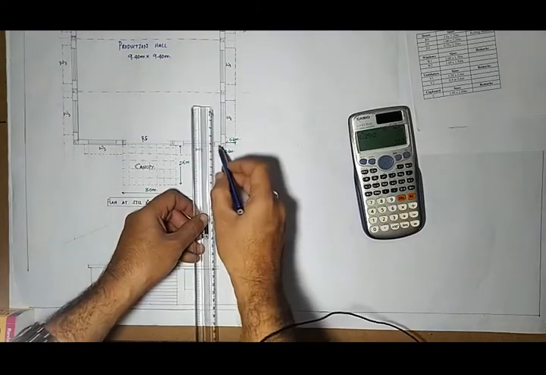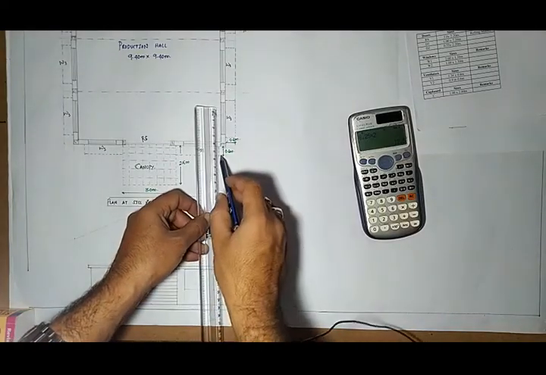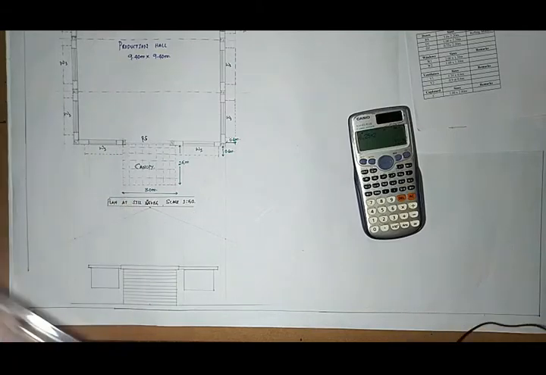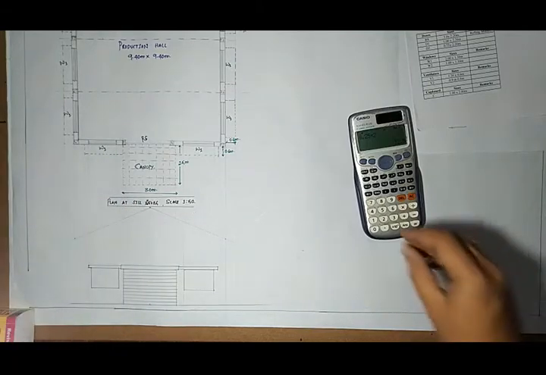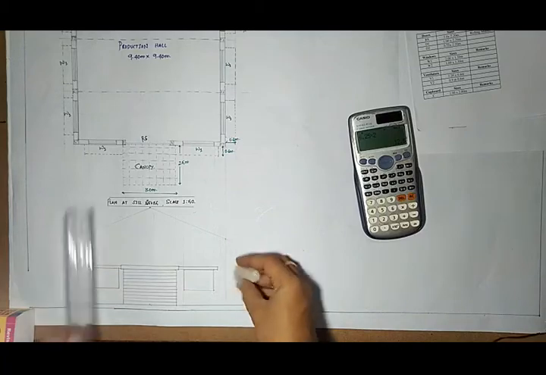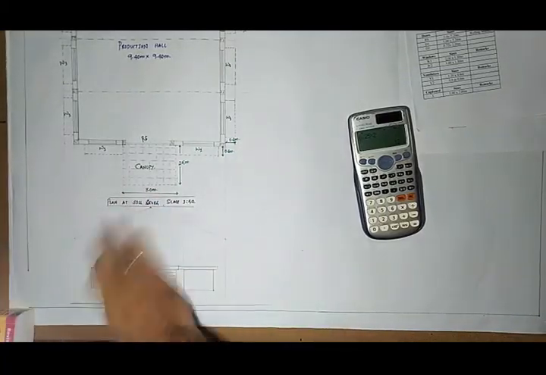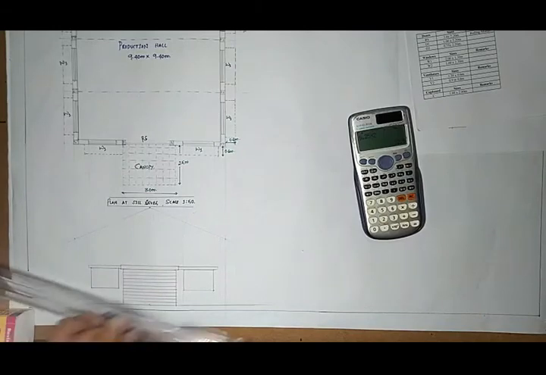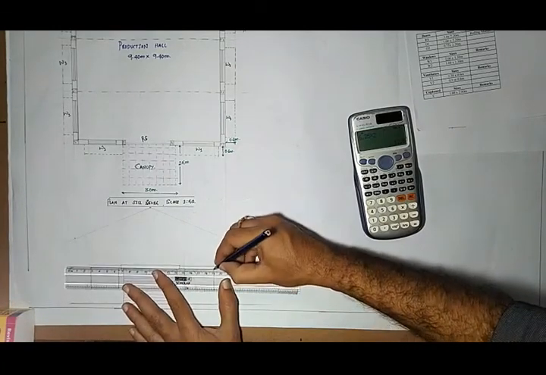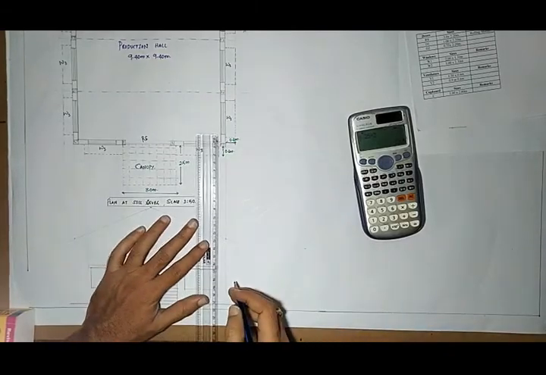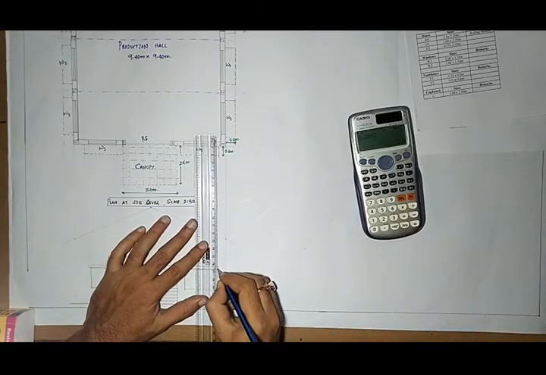When we project these lines and even this Chejja line, this indicates the Chejja projection. I have to extend this up to this end. This will be okay, fine.